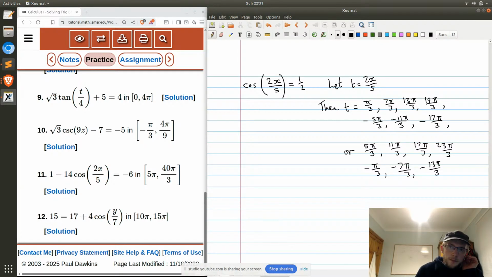Okay, so if t is equal to 2x over 5, then 5t over 2 is equal to x. Multiplied by 5. So imagine 6 in the denominator.